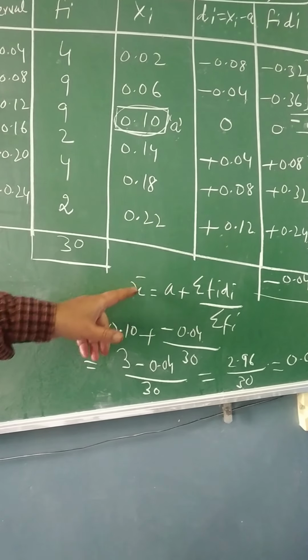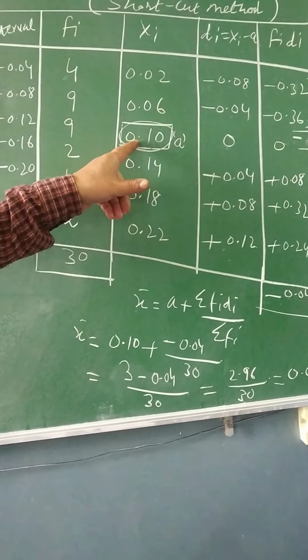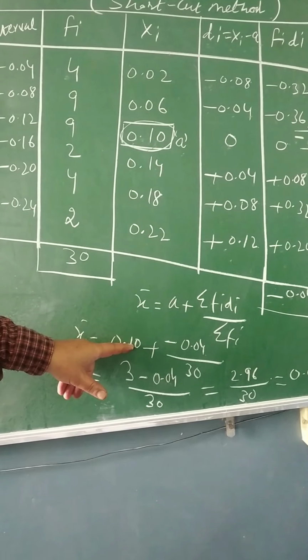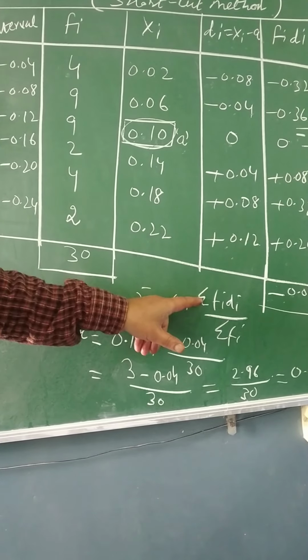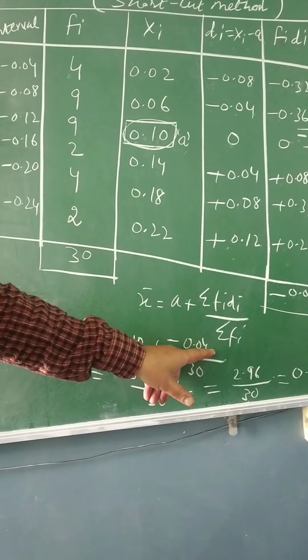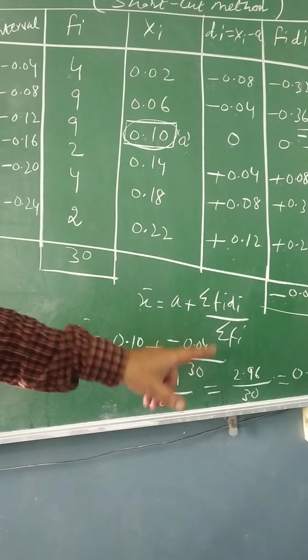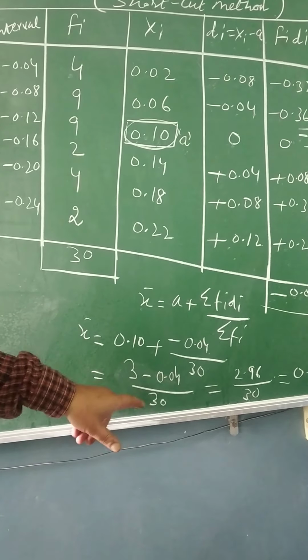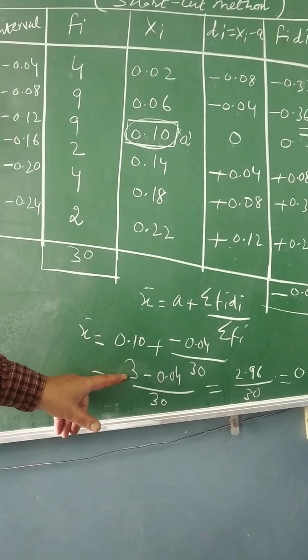So here A is the assumed mean, that is 0.10. Then plus sign here, the sum of fi di very clearly minus 0.04 upon the sum of the frequencies, that is 30. So take the LCM 30. 30 into 0.10 will give you 3.